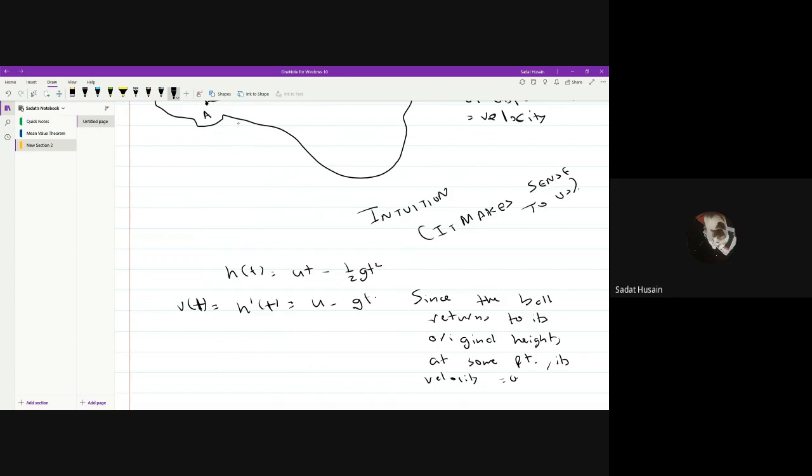And at some point, meaning at t equals u over g, the velocity is 0, meaning at its maximum height.